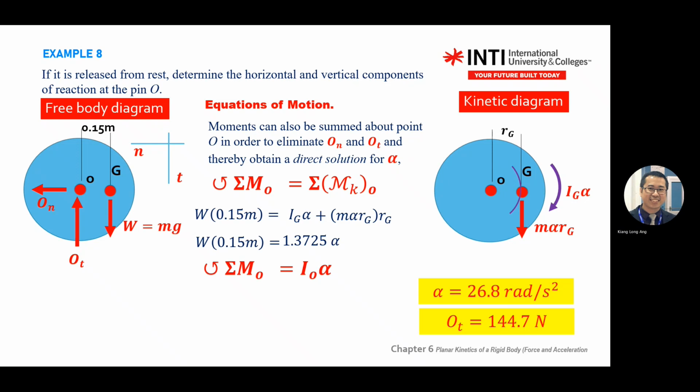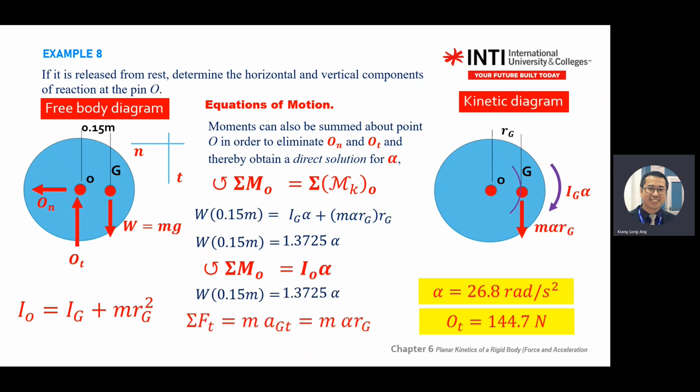Substitute, you get the first equation. For the second one, you use I. Once you use O, remember you need to use Ig plus Md squared, or R. So you substitute the value.